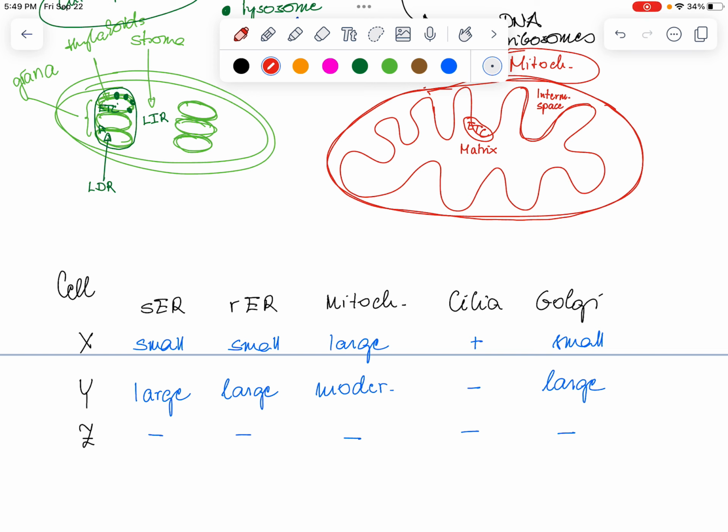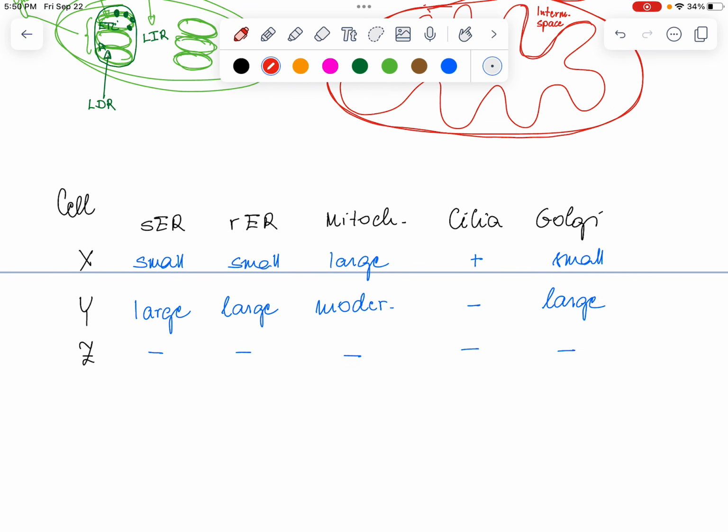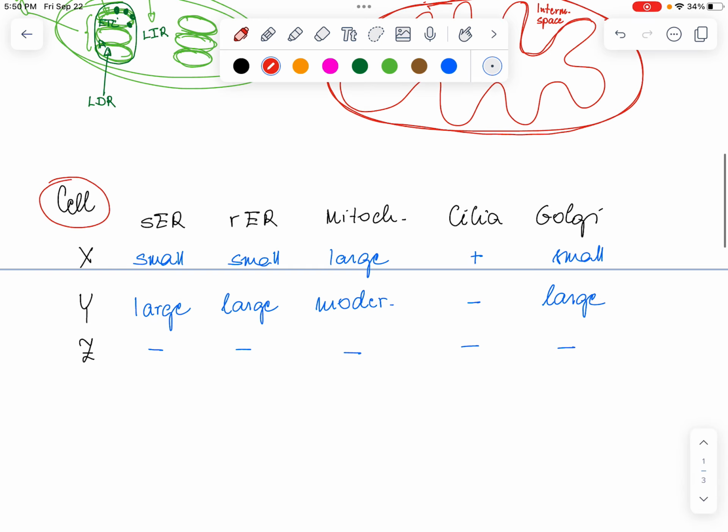Now let's review a little bit through an AP question about the organelles. So how can you use the information we talked about in here? So let's say a cell is given and the scientists measure the amount of smooth endoplasmic reticulum, rough endoplasmic reticulum, mitochondria, cilia, and Golgi in the cell.